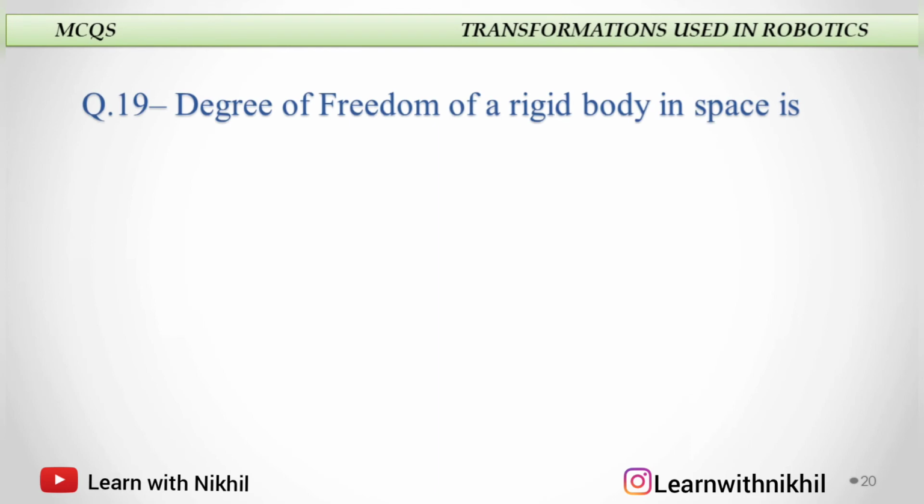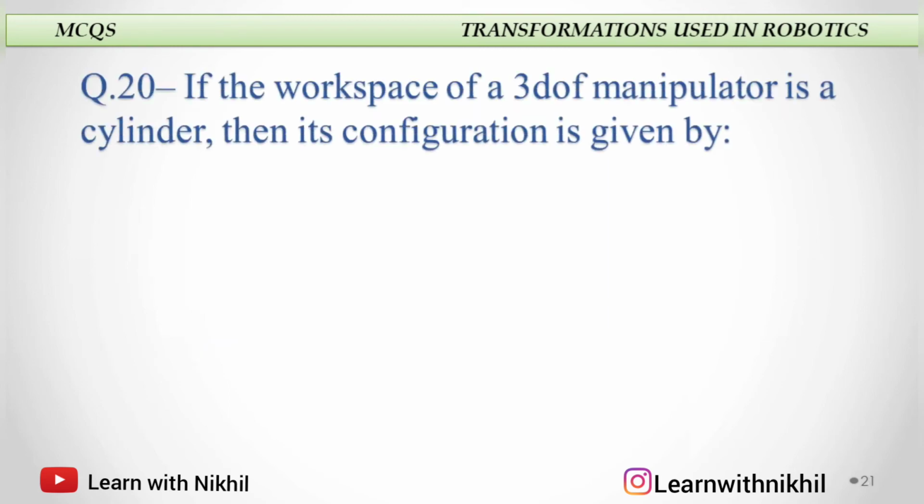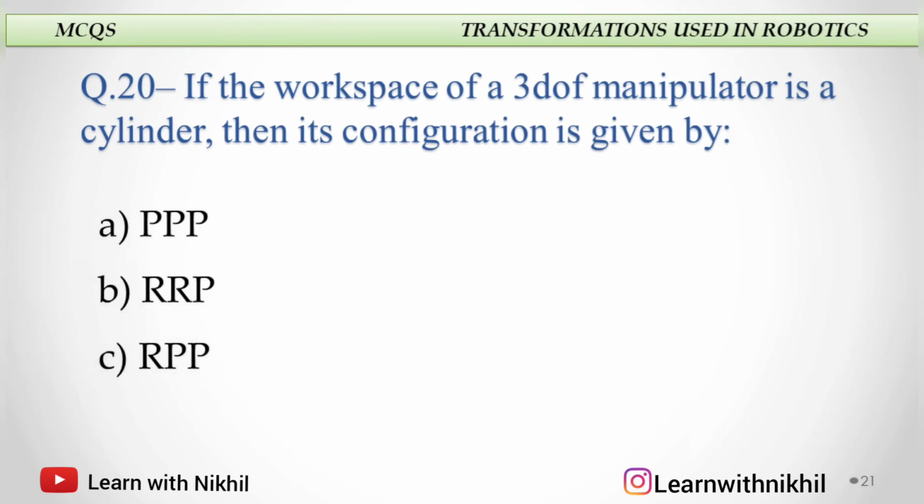Next, the degree of freedom of a rigid body in space is 3, 1, 6, 4, and the answer is 6. So for a rigid body, a three-dimensional body, the degree of freedom is 6. Next, if the workspace of a 3DOF manipulator is a cylinder, then its configuration is given by PPP, RRP, RPP, RRR.